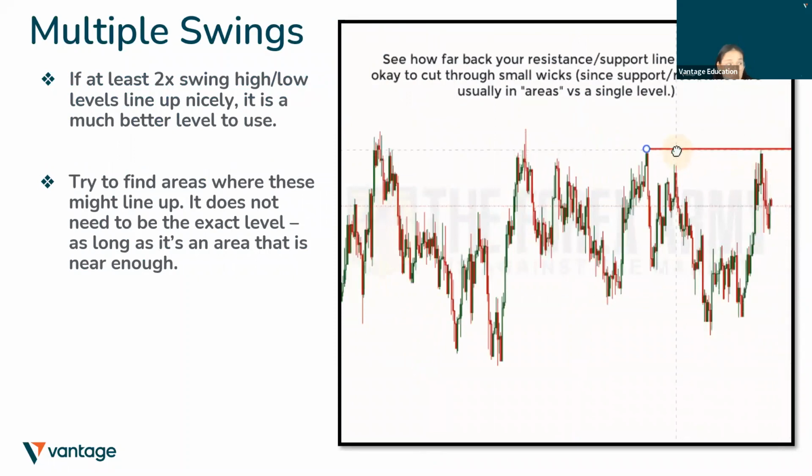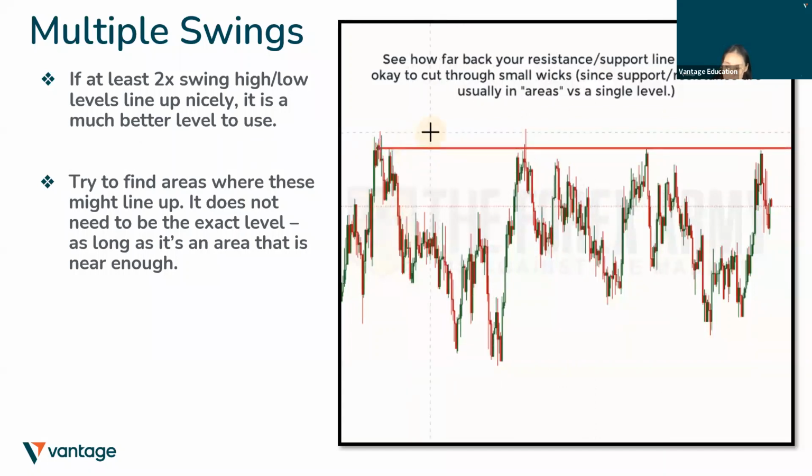So what should you look out for? You can look out for multiple swings. If at least 2 swing highs or swing lows line up nicely, it's definitely much better to use. And you try to find areas where these might line up. It doesn't have to be an exact level because most of the time it consolidates as an area rather than a level.